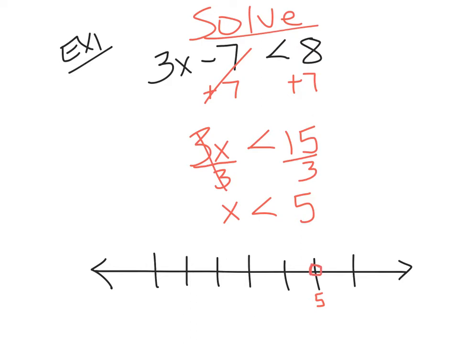If it was equal to, you would do a filled in circle. And then x is everything less than that, so I'm going to go to the left of this as my graph. And that's it. That's all you have to do. All right, let's look at example 2.